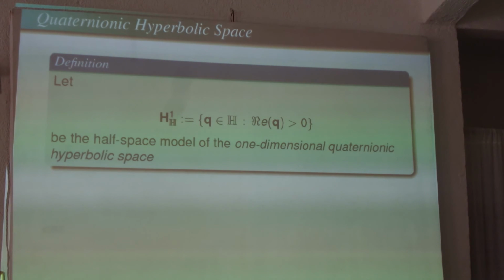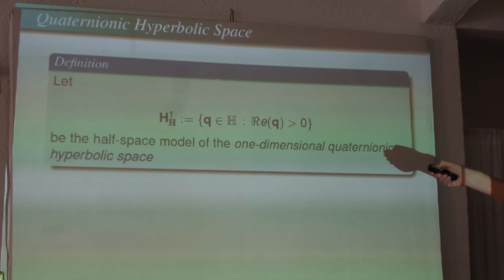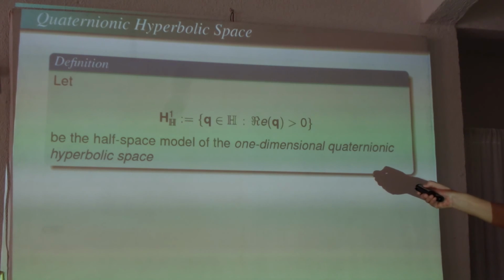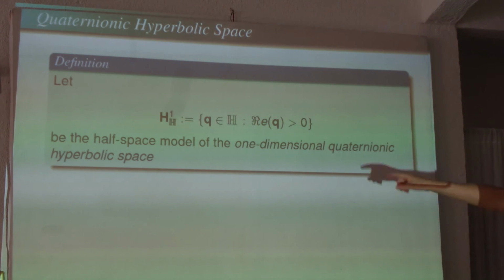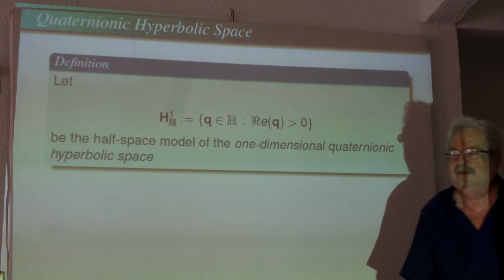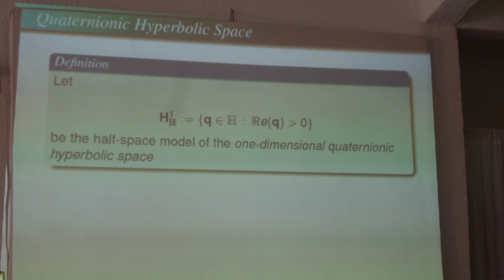In the space of quaternions, I consider the set of all quaternions whose real part is positive. Since we have 3 units i, j, k, there's no canonical choice, so we better turn our head 90 degrees and the upper half plane becomes the right half plane. This is the object of study.